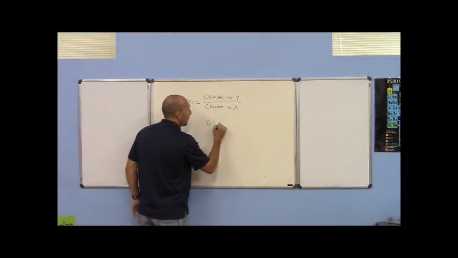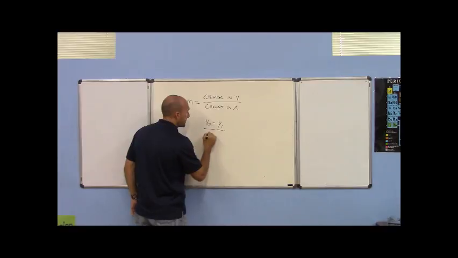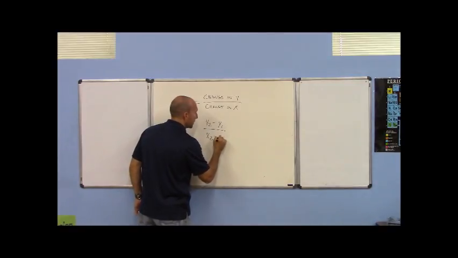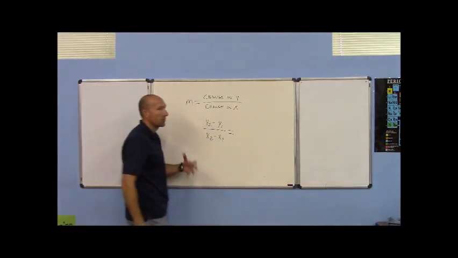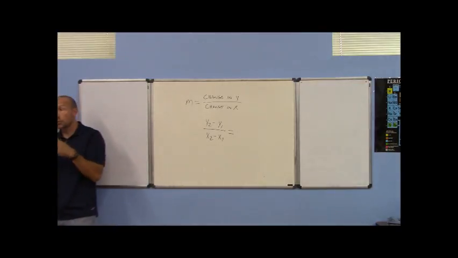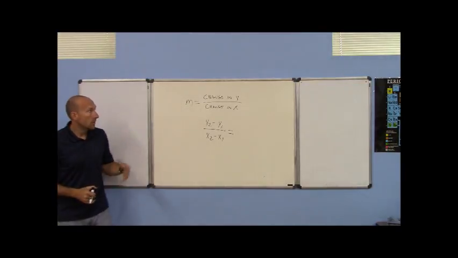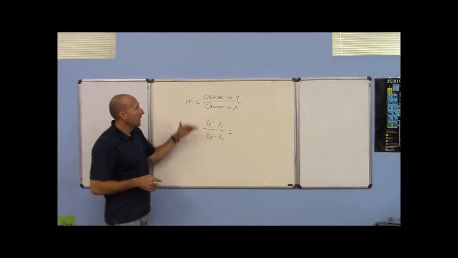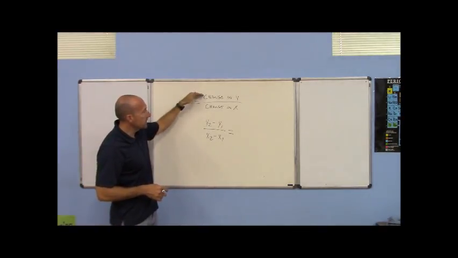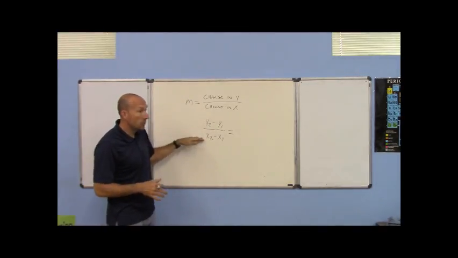So, what we are doing, if we have 2 points, we will take y2 minus y1 over x2 minus x1. And we will be given some sort of fraction. And again, remember, fractions are ratios. So, we're talking about the ratio of the change or the difference in 2 y points and 2 x points.